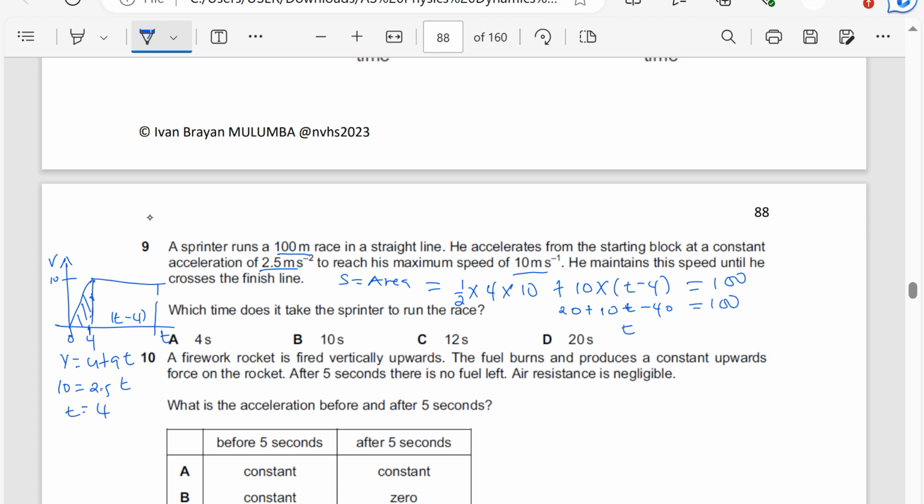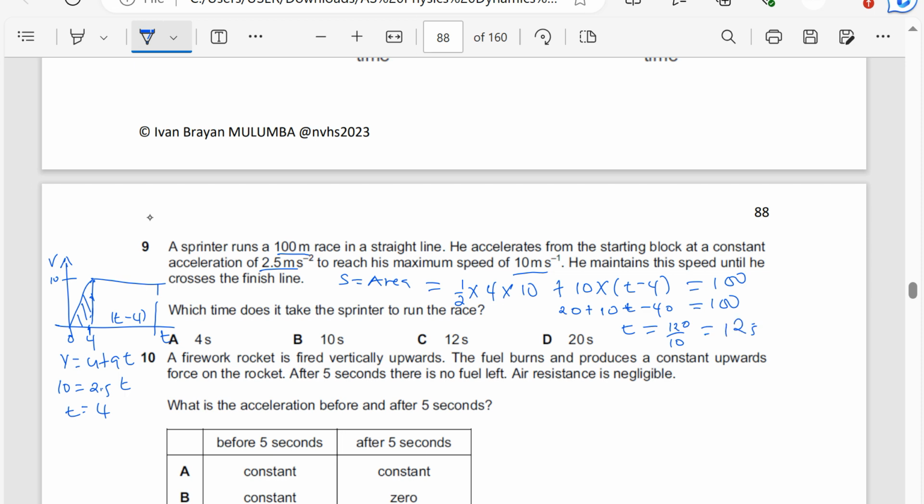What is t? 10t equals 120, so that is 120 divided by 10, which means t is going to be 12 seconds.